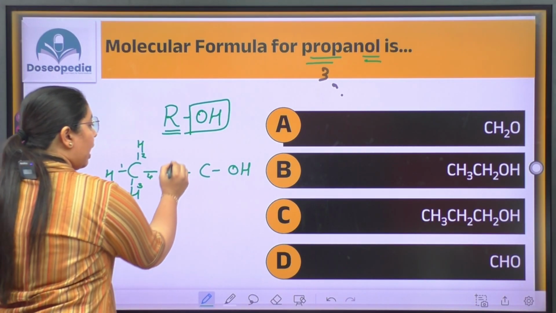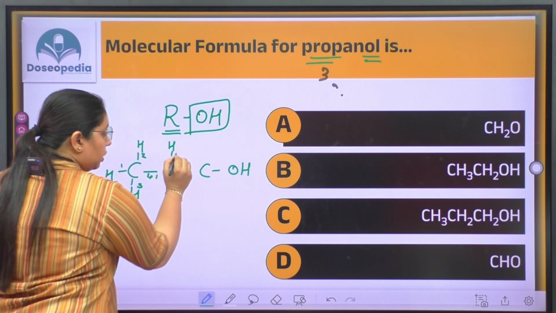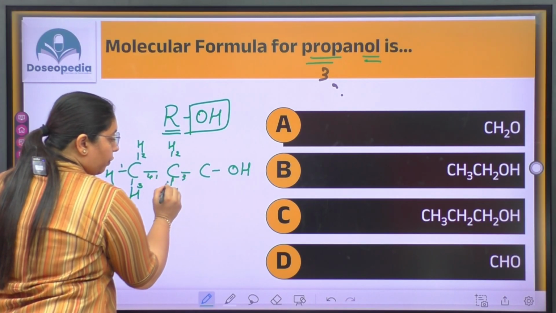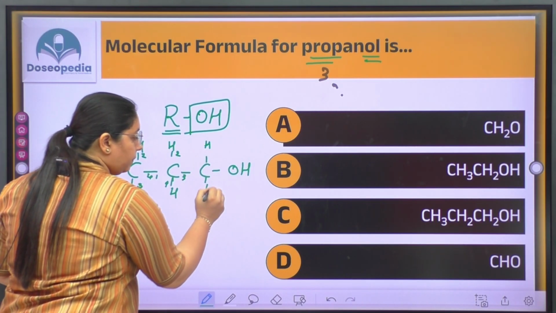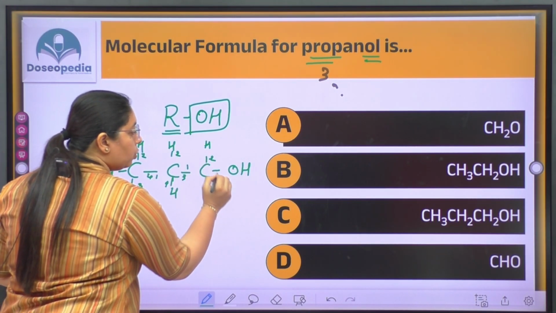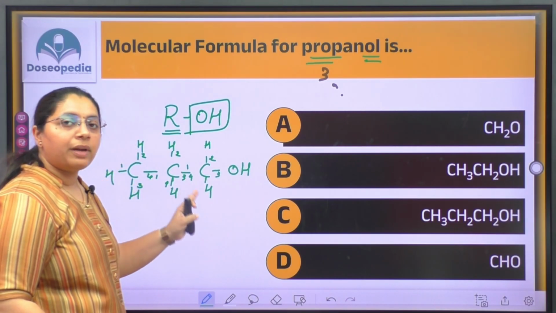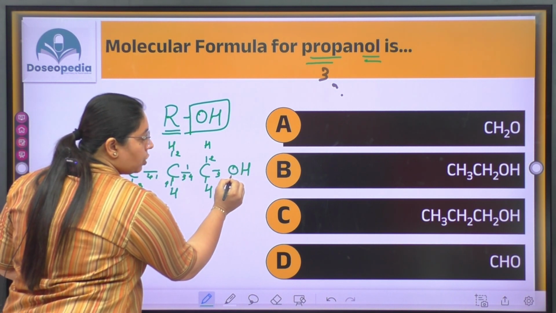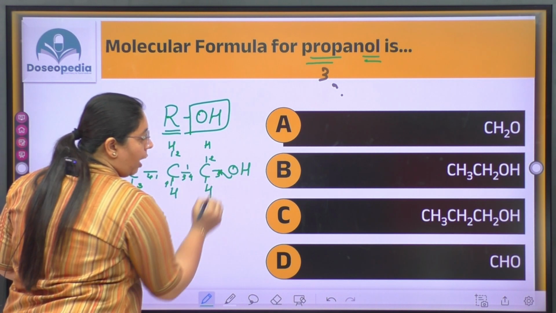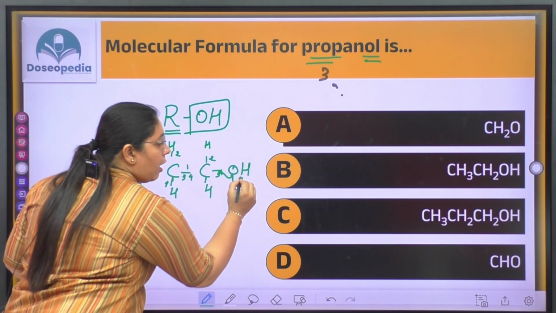Now for this carbon, 2 hydrogens will be attached over here: 1, 2, 3, 4 valency. For this carbon again, 2 hydrogens: 1, 2, 3 and 4. So for all 3 carbons, the 4 valencies are fulfilled. Oxygen has 2 valencies, so oxygen makes one bond with this carbon and another bond with this hydrogen.